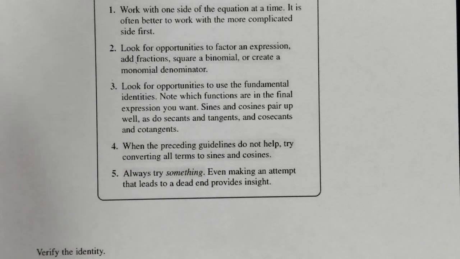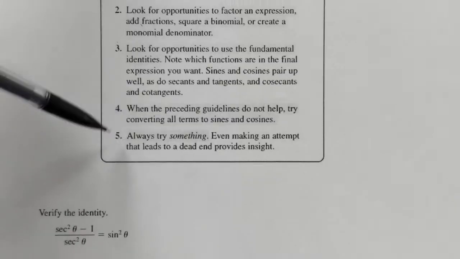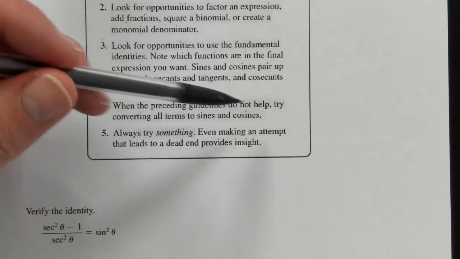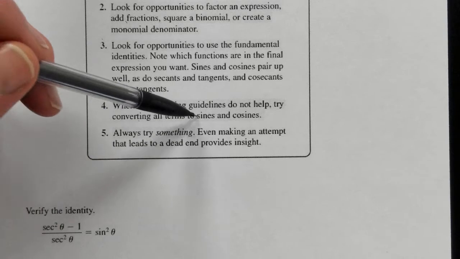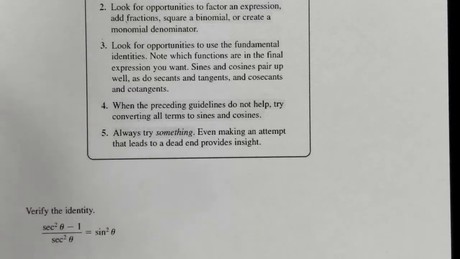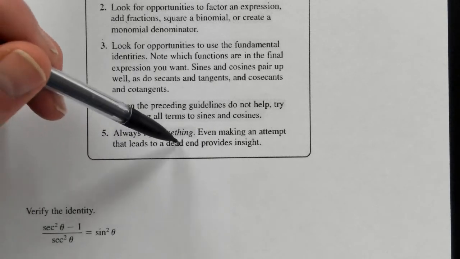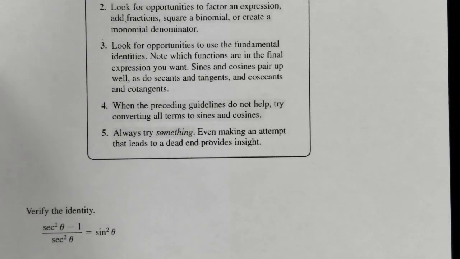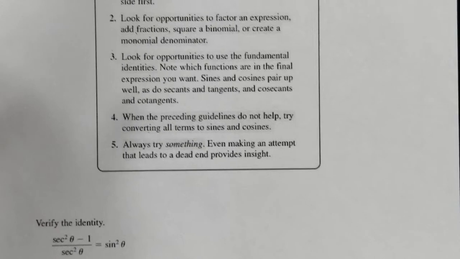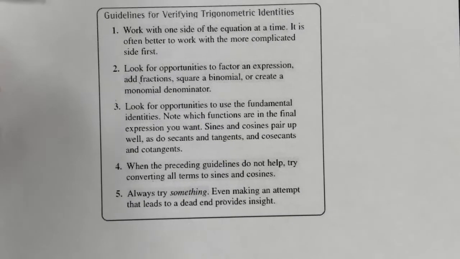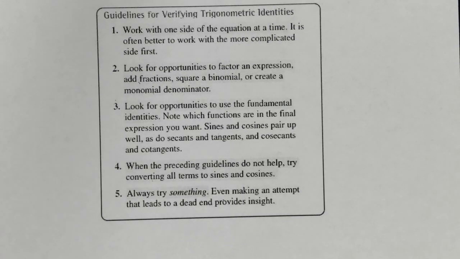When the preceding guidelines don't help, just try converting all the terms to sines and cosines. Always try something, because even making an attempt that leads to a dead end provides some insight. That is one of the things that can make these identities challenging: there are so many different ways you can go, but you want to go in a direction that gets you closer to verifying what they ask you to set it equal to.